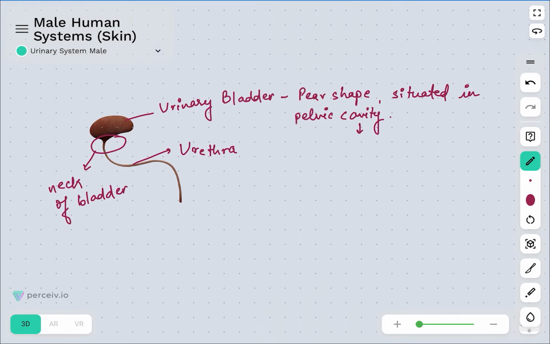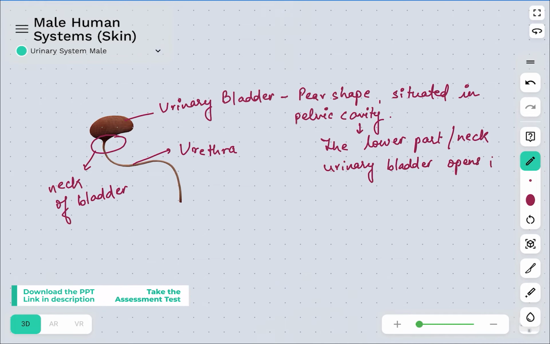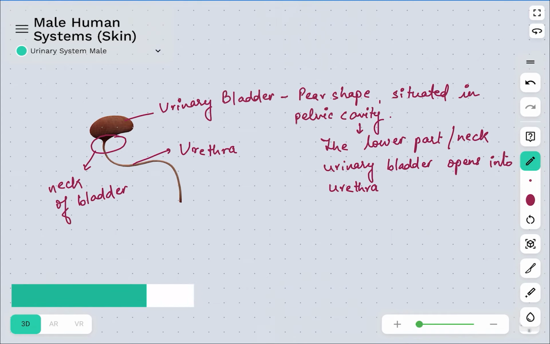The lower part or neck of the urinary bladder opens into the urethra. And this opening is guarded by a valve which is called a sphincter.